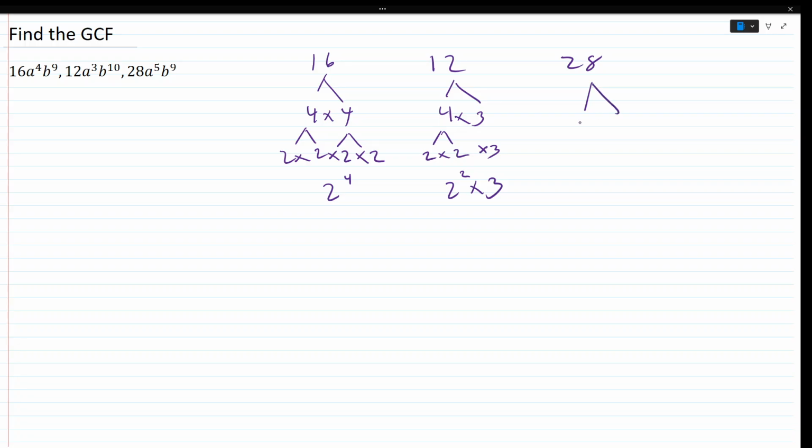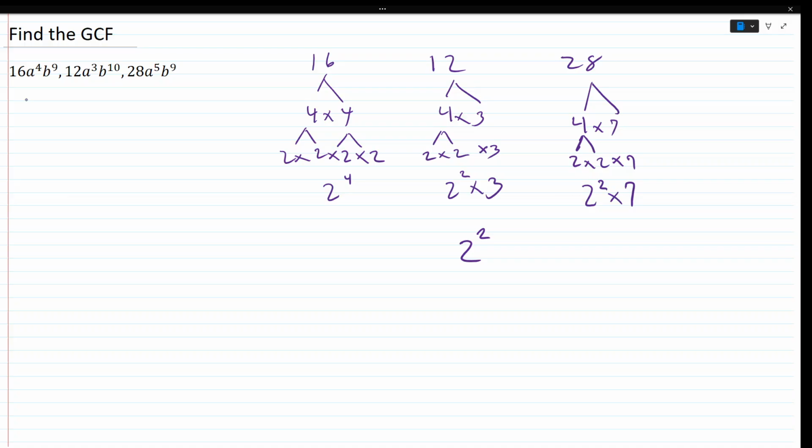The 28 is 4 times 7, which would be 2 times 2 times 7, so that's 2 squared times 7. For the GCF of these coefficients, the only prime number that they have in common is the 2, and the smallest power that occurs for the 2, we have 2 to the 4th, 2 to the 2nd, 2 to the 2nd, so the smallest power is 2 to the 2nd.